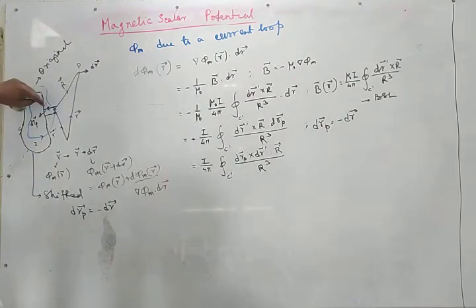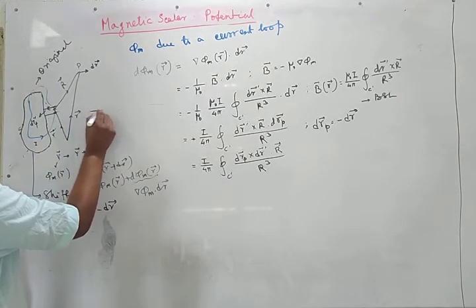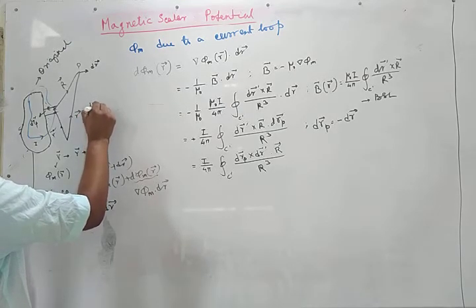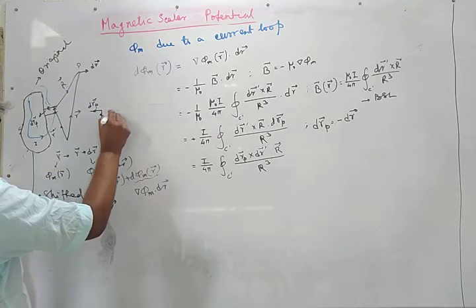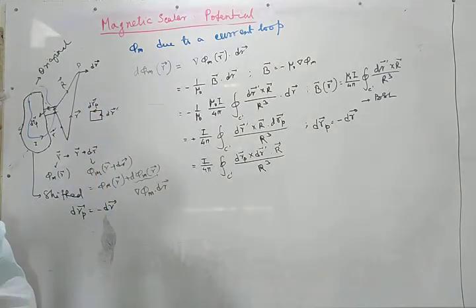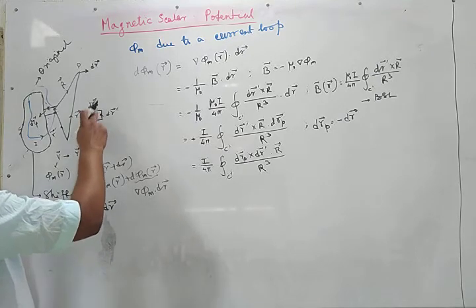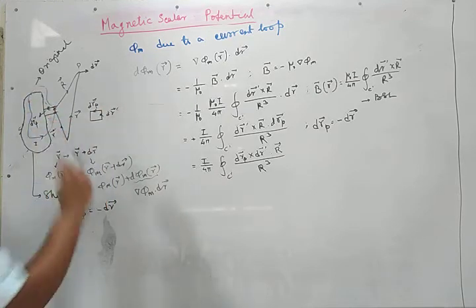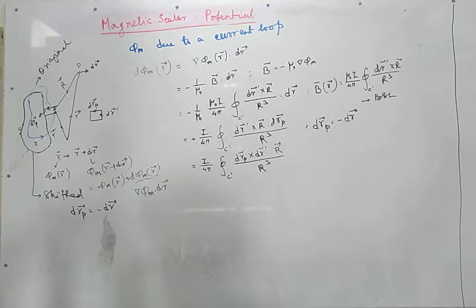Now this is drp and this is dr prime. So the cross product gives the area of the rectangle of which drp and dr prime are the two adjacent sides, and the direction of the area is governed by the cross product rule.